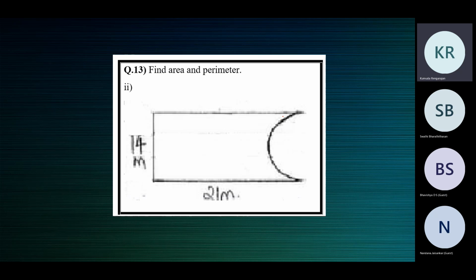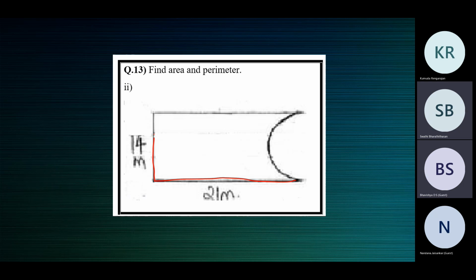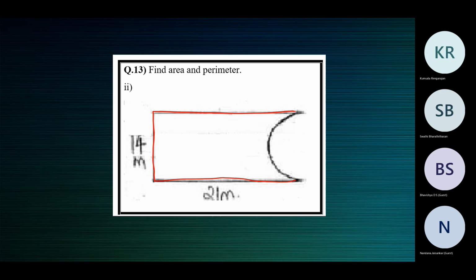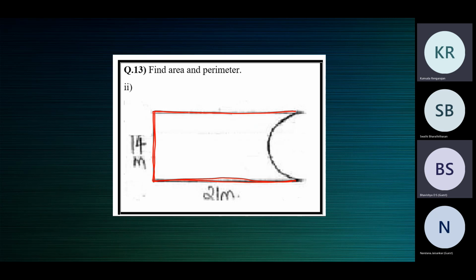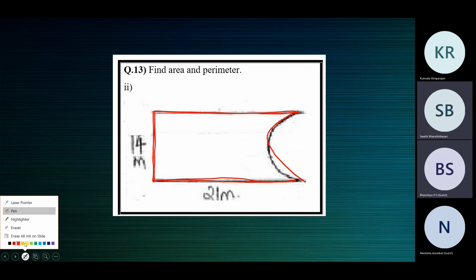How do we find the perimeter? Perimeter will be 21 plus 14 plus 21 plus the circumference of the semicircle.